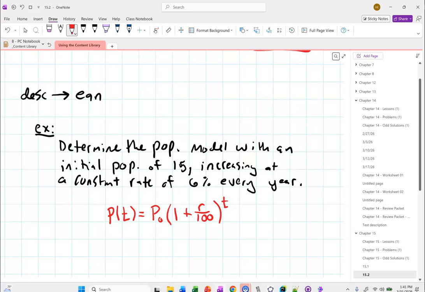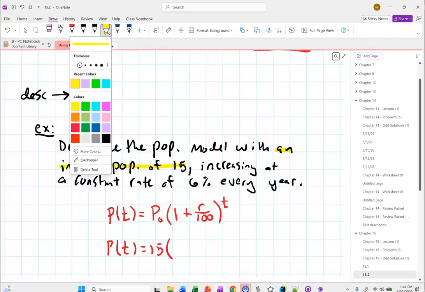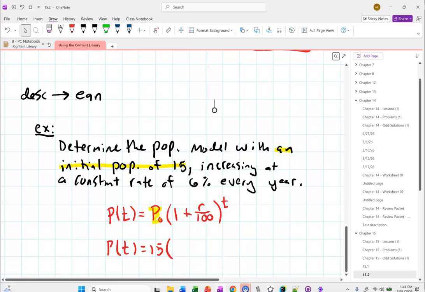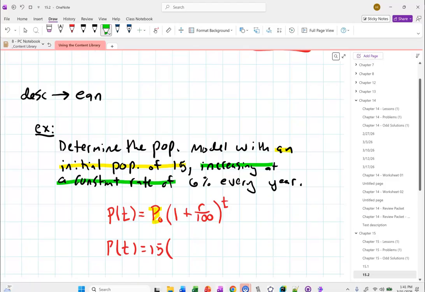Okay. It says with an initial population of 15. What does that mean? What does an initial population of 15 tell us? Tells us P naught is equal to 15. And then we have that it says increasing at a constant rate of 6%. What is that telling us?